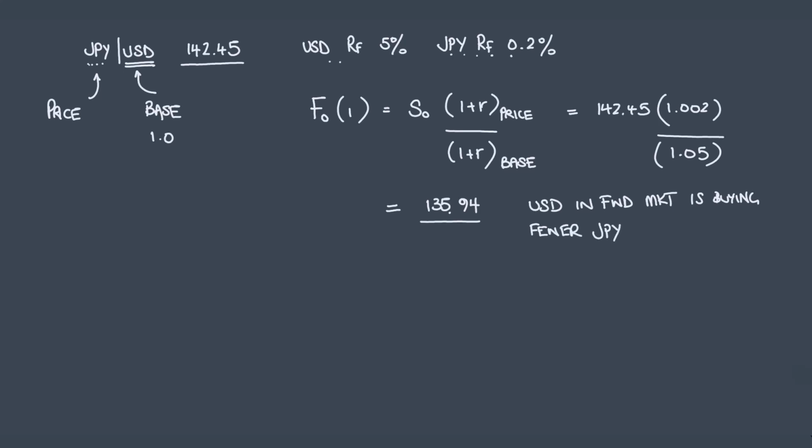The US dollar in the forward market is buying fewer yen than in the spot market. That means the US dollar here is trading at a forward discount.